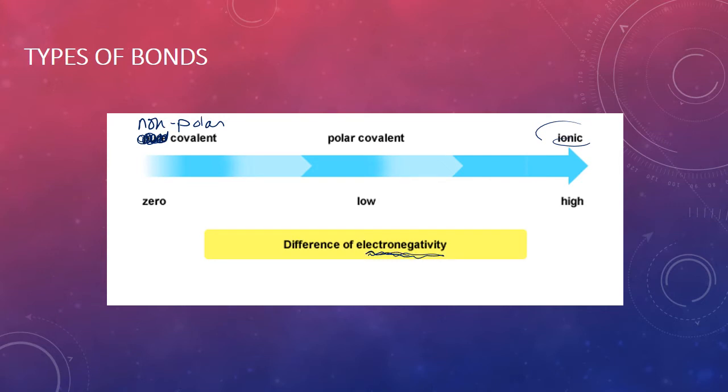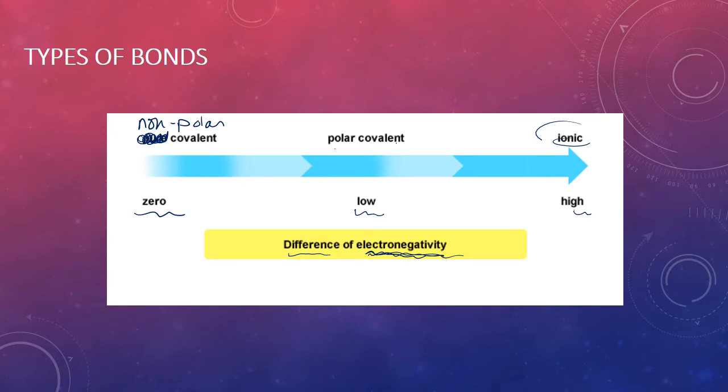I'm going to talk about electronegativity in a minute. But the idea is if something has a 0 or very close to 0 electronegativity difference, we say it's nonpolar. If something has a low electronegativity difference, it's polar covalent. And if it has a ginormous difference of electronegativity, it's ionic.